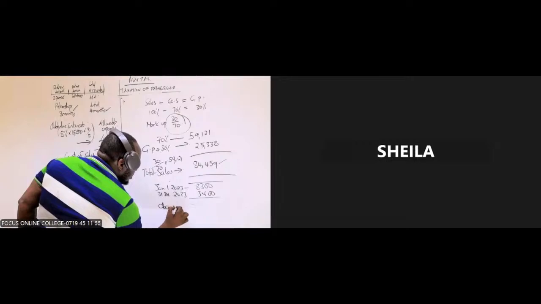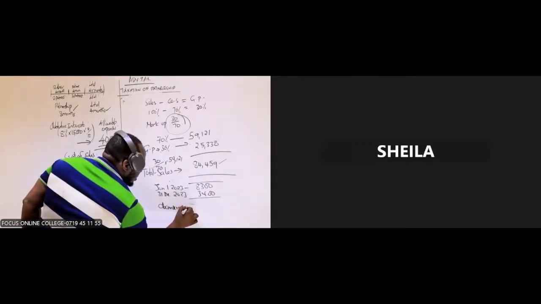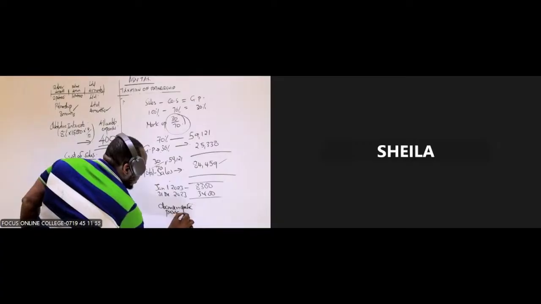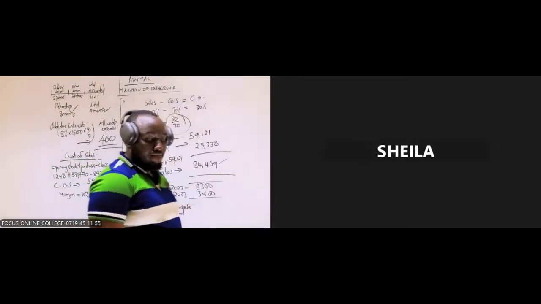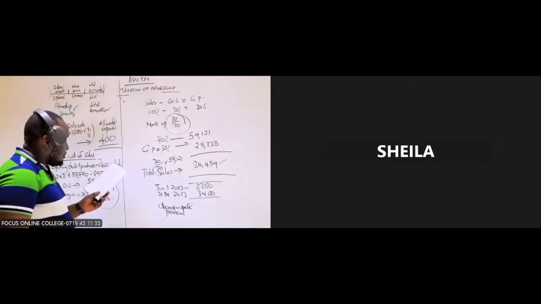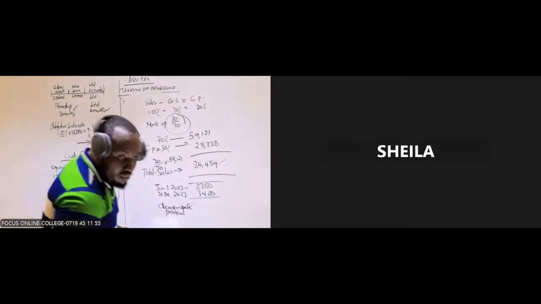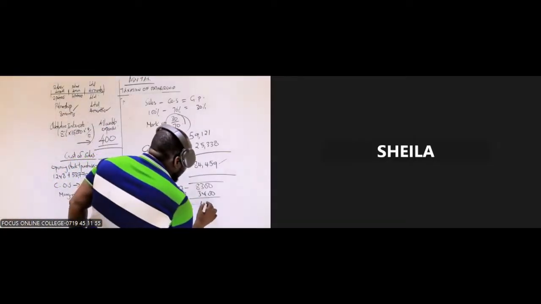So what is the decrease in specific provision? Give me the figure for the decrease in specific provision. So that's 49. Is it a taxable income or an allowable expense?